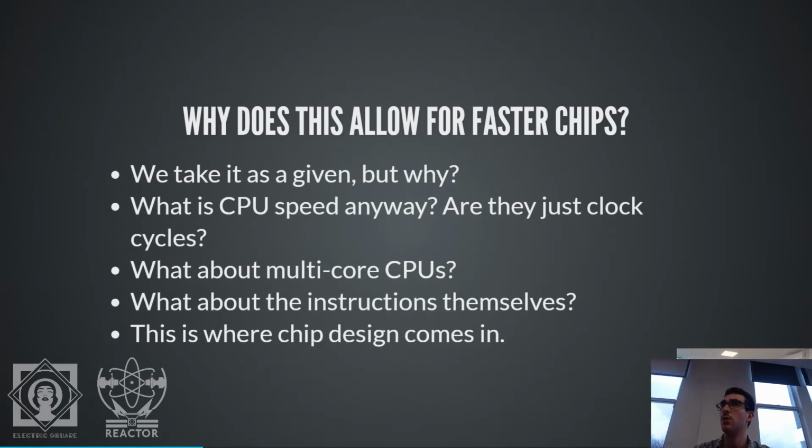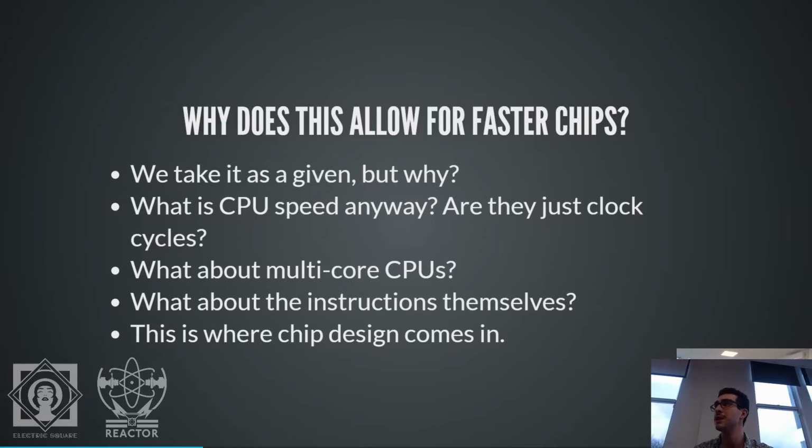So why do we get faster chips over time? What is it about having more transistors in a chip, or any other kind of increase in our ability to produce hardware, that allows the actual chips to be faster? We take it as a given, more transistors, faster chips, but it's more complicated than that.